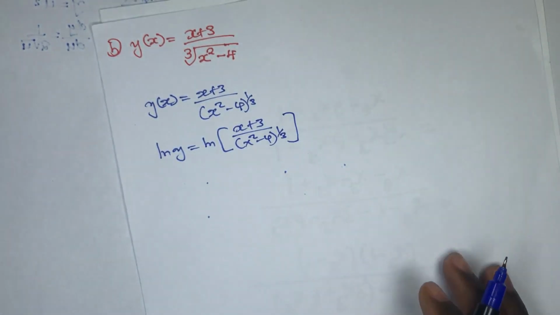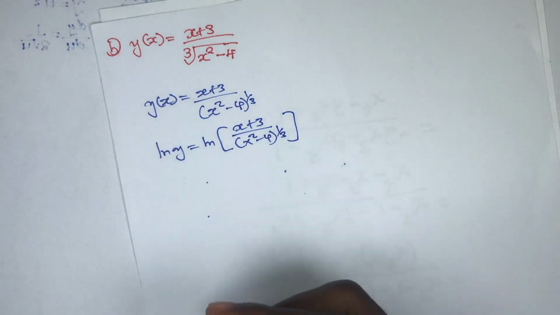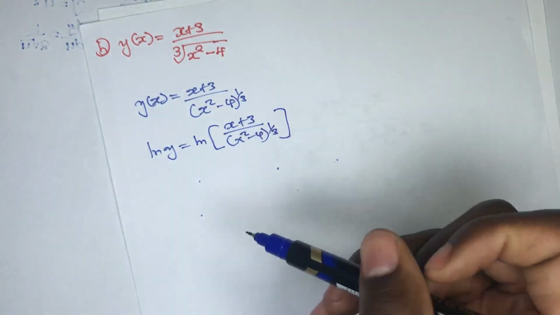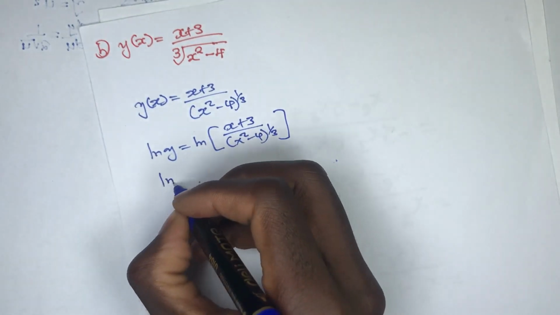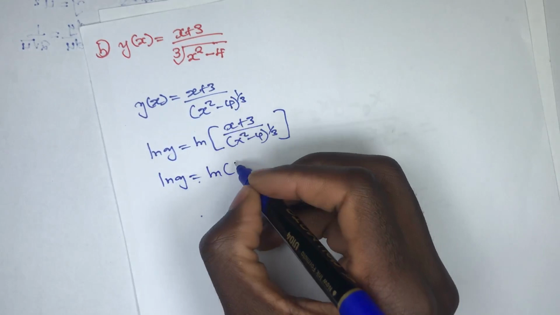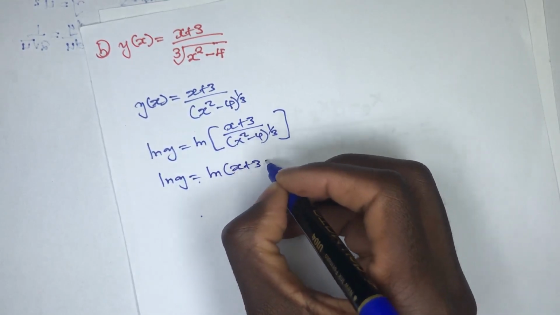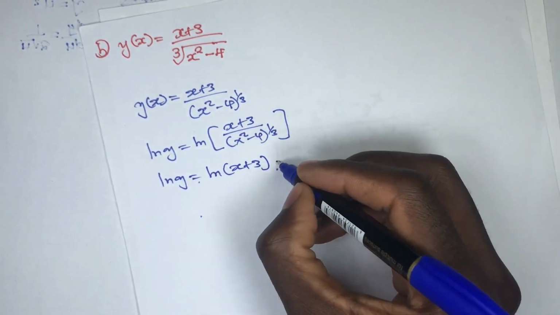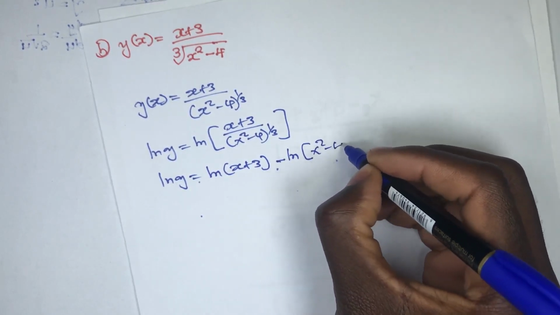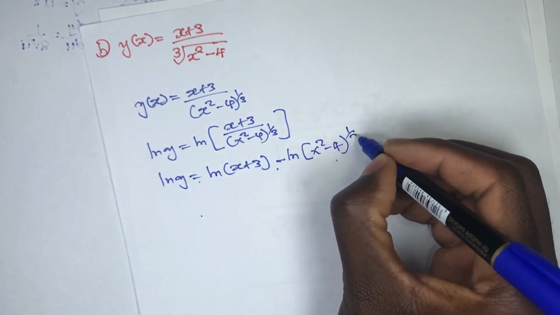So now we're going to utilize the properties of our logs. If you are dividing, this is the same as ln y is equal to ln of the numerator, x plus 3, minus ln of (x squared minus 4) to the power 1 over 3.